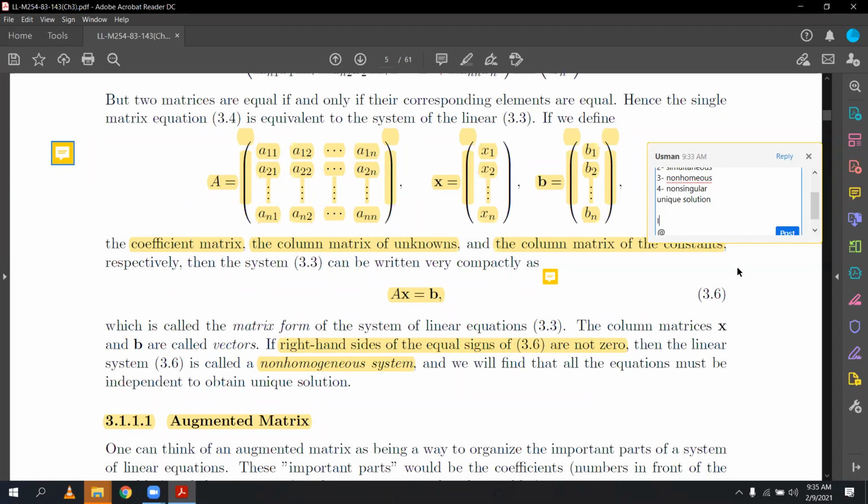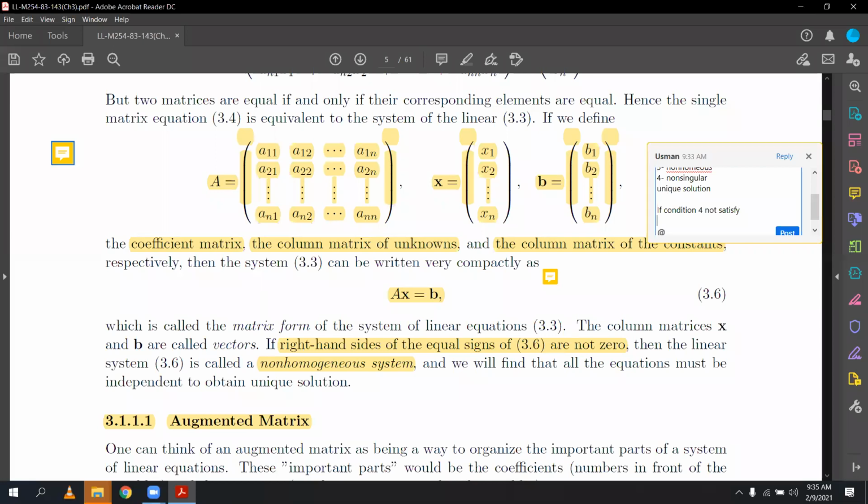If condition 4 is not satisfied, what happens then? If the condition 4, which is non-singular, is not satisfied, we have infinitely many solutions or no solution.